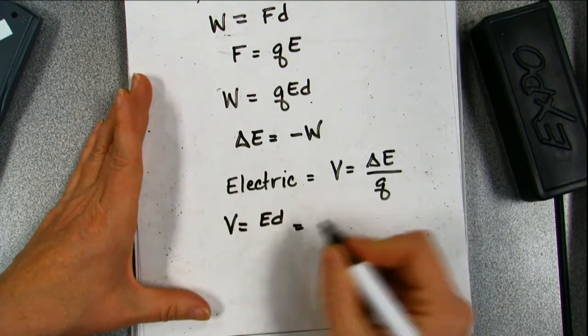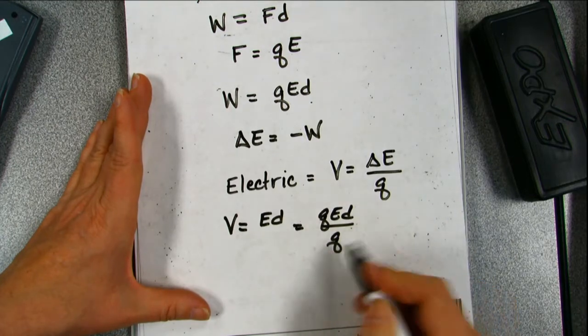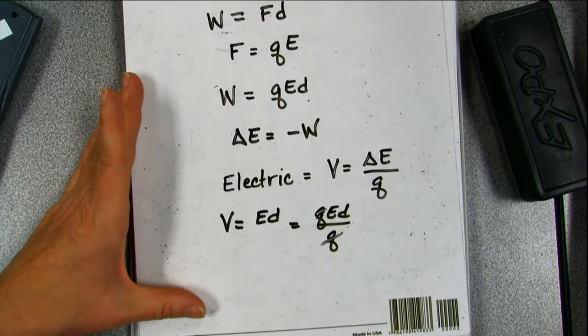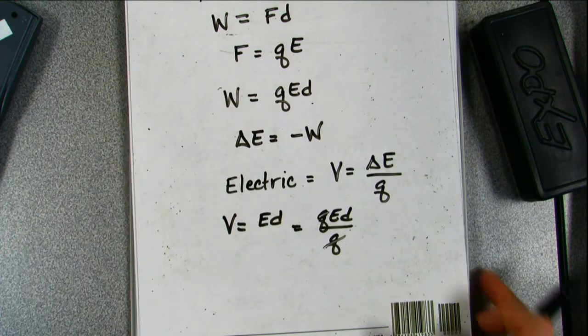Because if I do this as QED divided by Q, that cancels out. And so we talk about the potential difference.